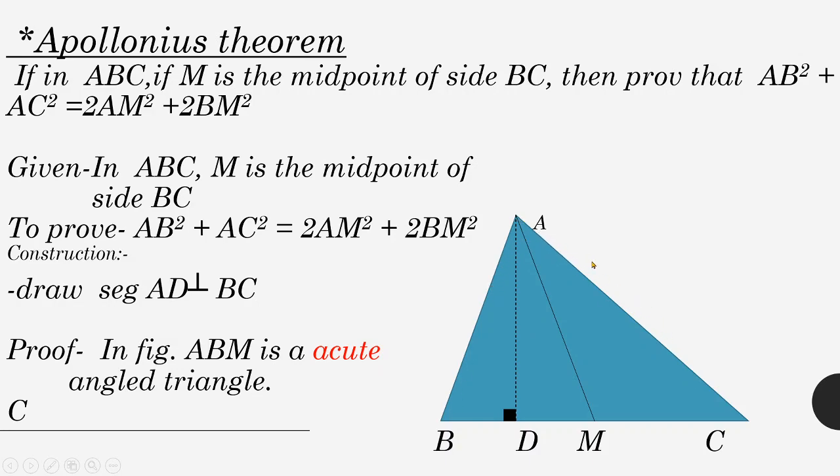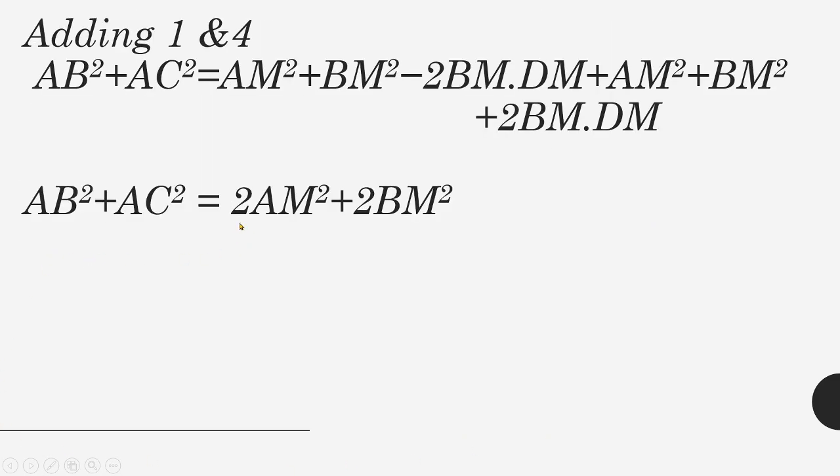Take the sum of both sides with squares: AB square plus AC square is equal to 2 into the median square, 2m square, plus 2 into half of BC, the third side's half, BM square. So you can write here AB square plus AC square is equal to 2m square plus 2BM square.